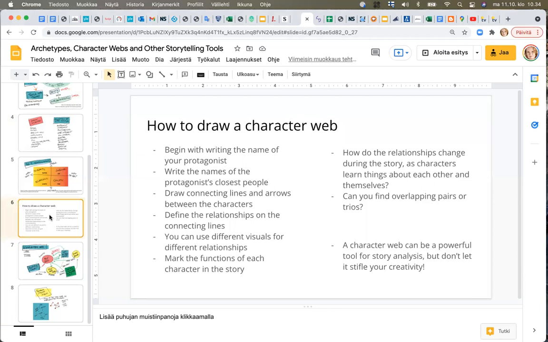So usually I begin by writing the name of my protagonist first, and then I write the names of the closest people to that protagonist, to that character, and then I start drawing connecting lines between them, and arrows sometimes.